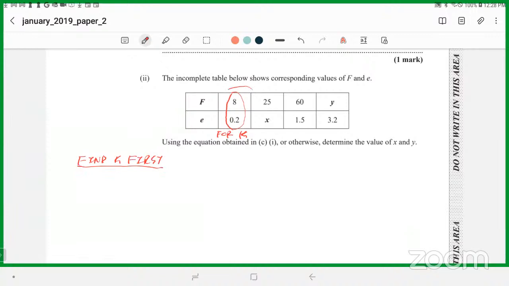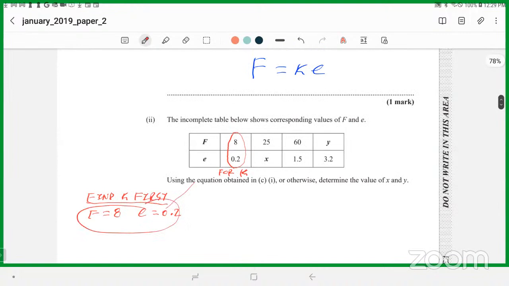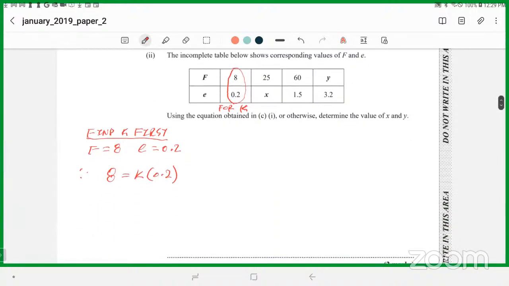Now we're using this pair of values. F is equal to 8 when E is equal to 0.2. We're plugging these values into that relationship to find K. So F is 8, putting 8 on the subject, equals K times E, which is 0.2.